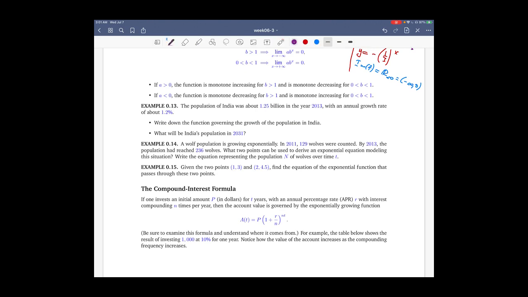All right, let's introduce some notation. Let's say capital P is population. It's always a good idea to keep track of what units you are using. Looks like we are measuring population in billion people.